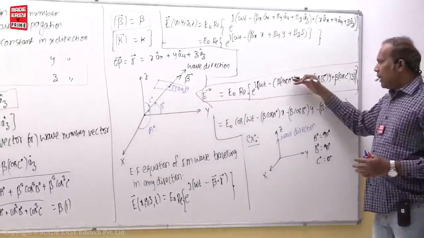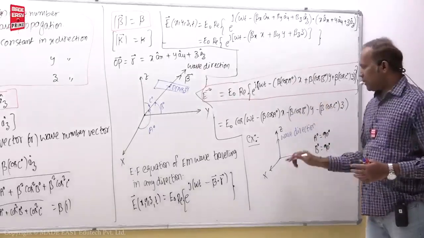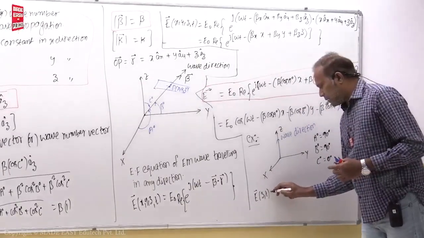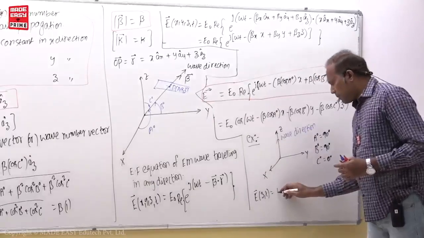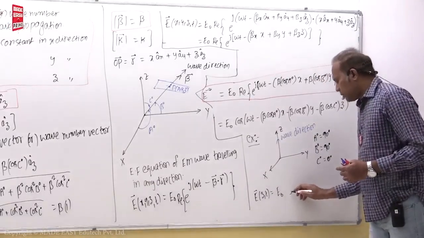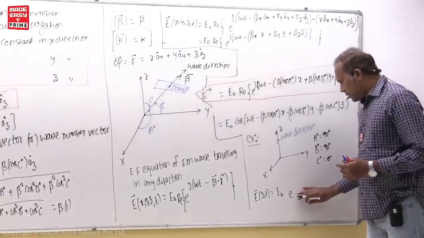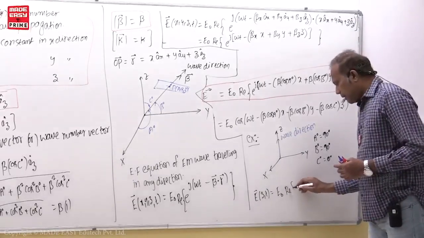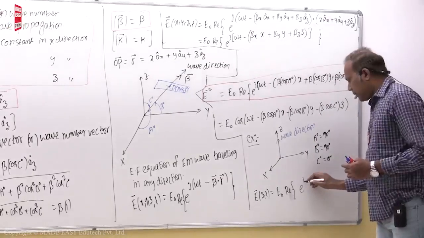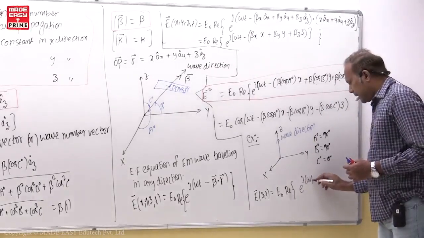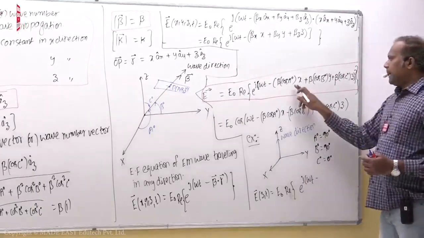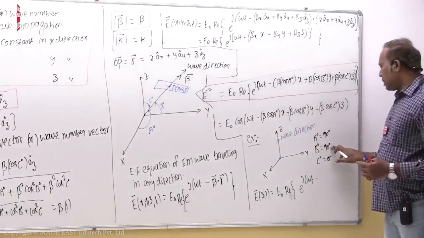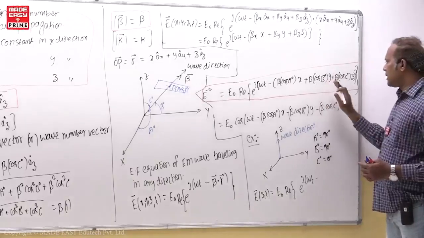Now if you want the wave equation, you substitute these in. So for a wave traveling in the z direction, this equation becomes E naught into the real part of e power j omega t minus beta z. A becomes 90, so this term is not there, and B becomes 90, so this is not there.